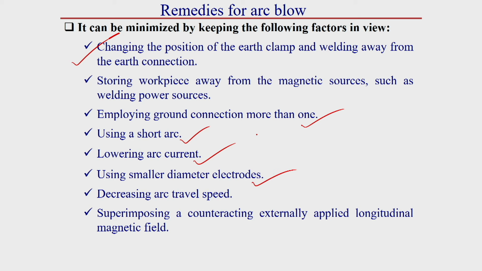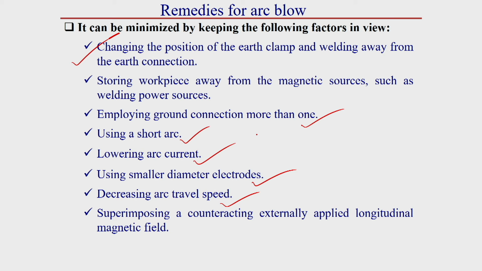Now, another point is using a smaller diameter electrode. If the diameter of the electrode is smaller, then generally there is less chance of arc blow. Then decrease the travel speed, that means whatever the welding speed by which the welding is being carried out, by decreasing that travel speed we can also minimize the arc blow.